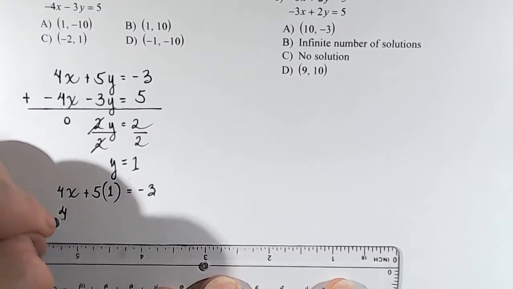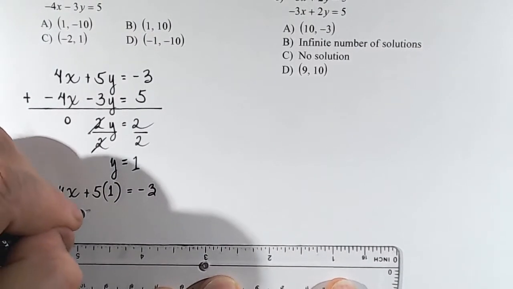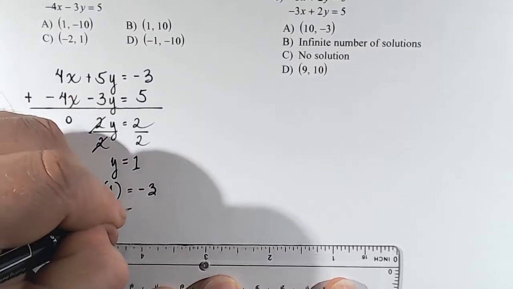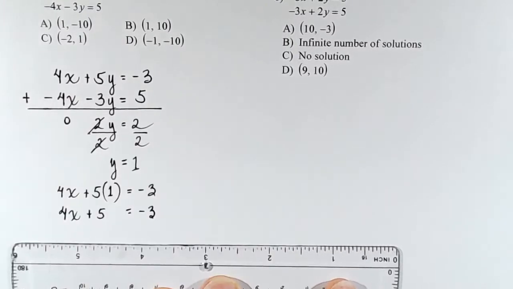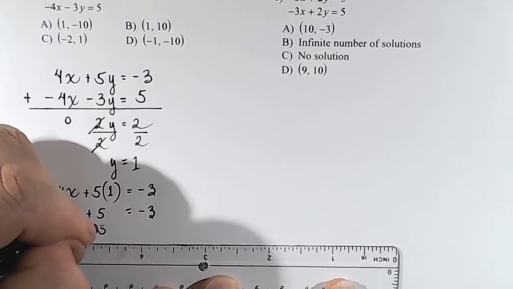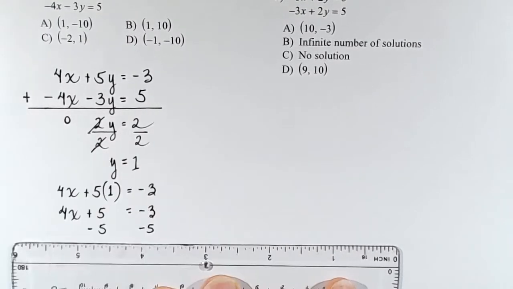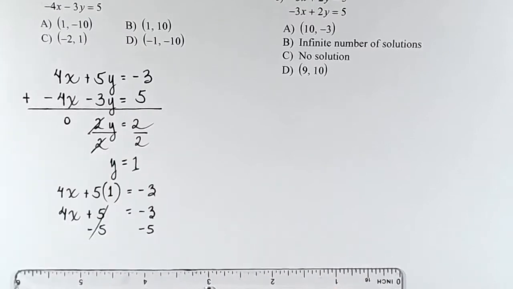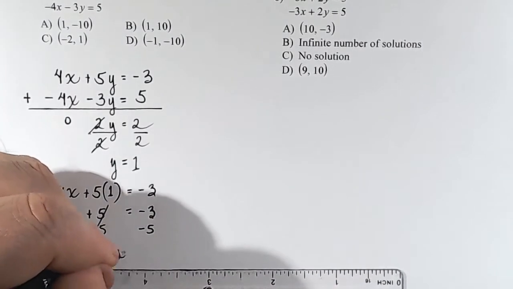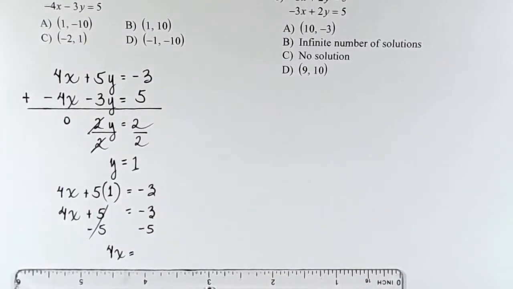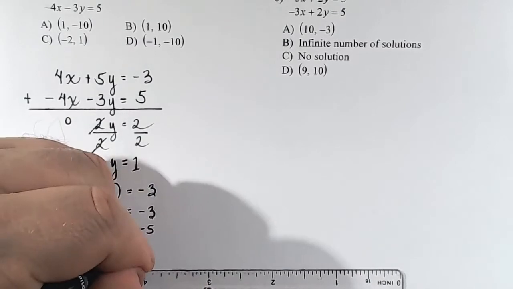So now I've got 4x plus 5 times 1, which is just 5, plus 5 equals negative 3. Keep peeling the apple. Subtract 5 from both sides. And now you've got 4x equals negative 3 minus 5, which is negative 8, because it's like 3 plus 5, but with a negative sign.